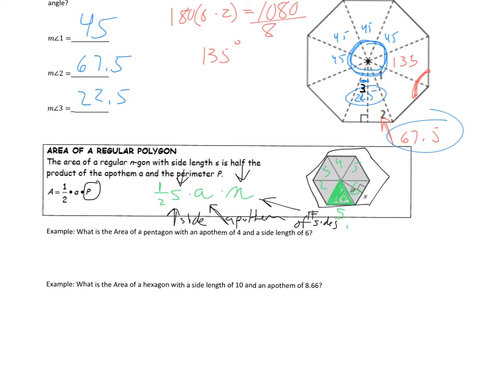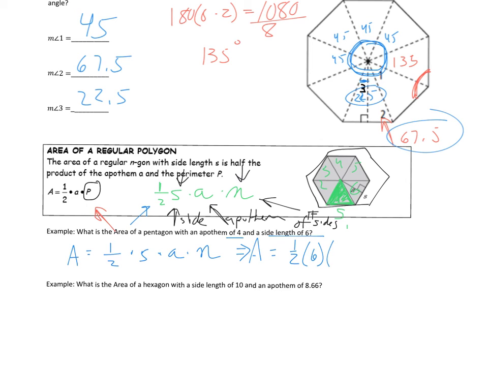So sometimes it's easier to use the formula on the left here, and sometimes it's easier to use the formula on the right. I'm going to use the formula on the right to solve our 2 examples. The area is going to equal 1/2 times S times A times N. So area is going to equal 1/2. It says it has a side length of 6.